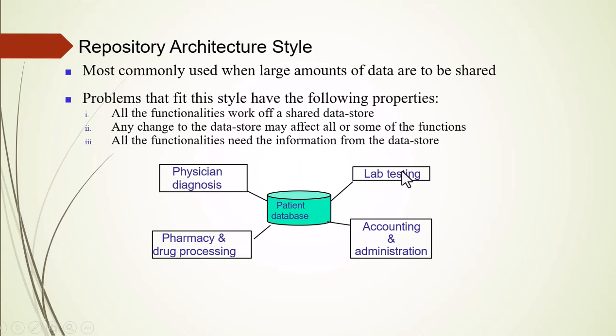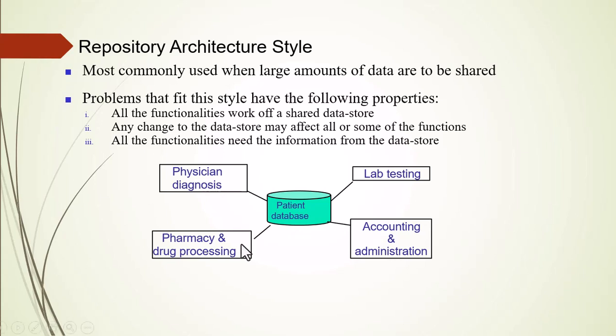And obviously if lab management conducted some blood tests, there must be some amount the patients or their relatives have to pay. So all the data from lab testing, physician diagnosis, and pharmacy comes here, and then the accounting department issues a receipt from the same data.